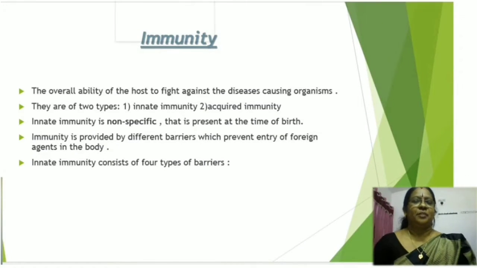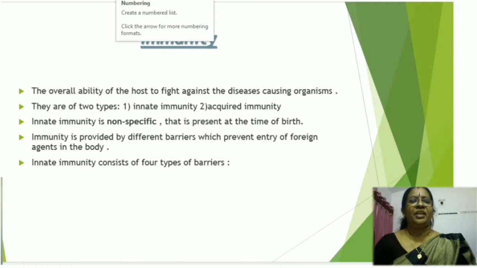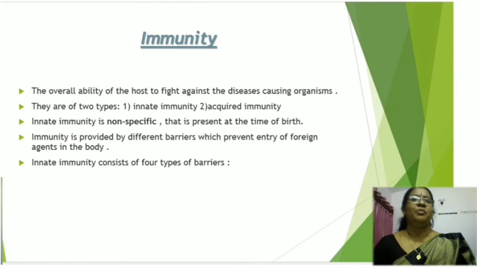The next one is immunity. The overall ability of the immune system to fight against invading microorganisms is called immunity. Immunity is of 2 types, innate immunity and acquired immunity. The first one is innate immunity.